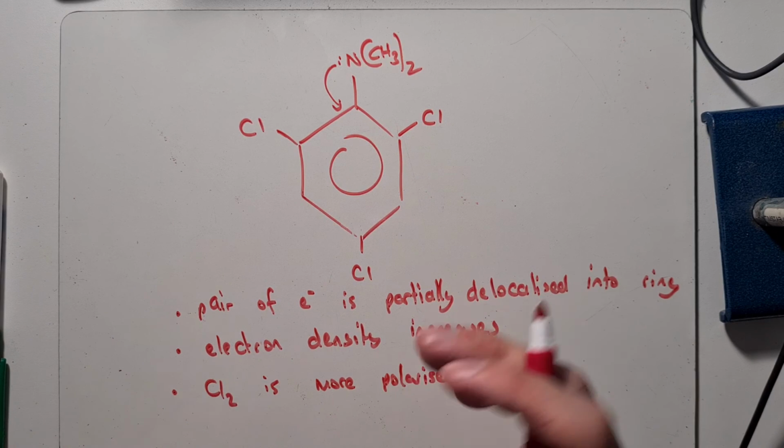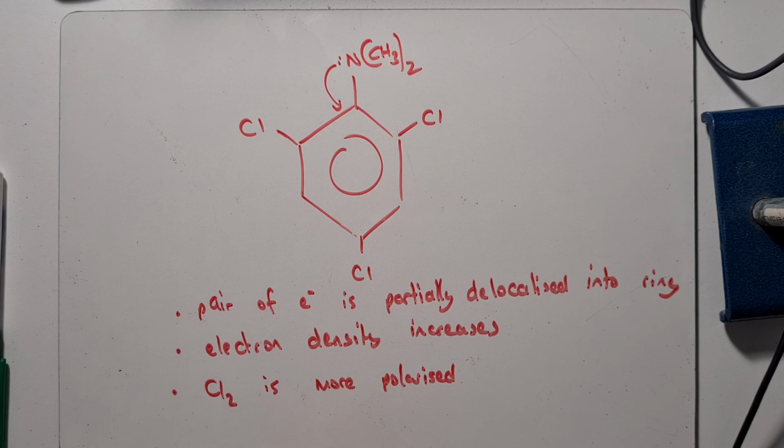It can shift the electrons within the chlorine to form a pole. And that's the 3 marks for 5C part 3. That is question 5.